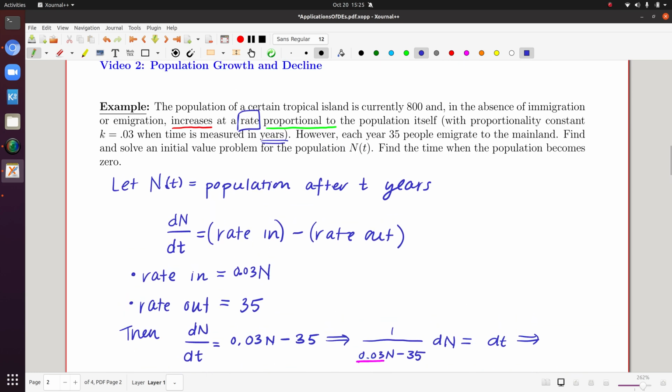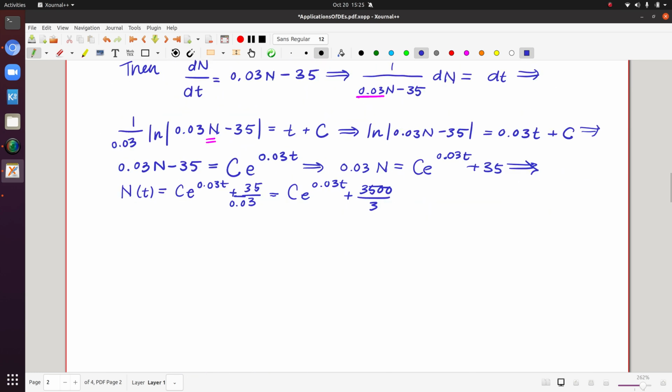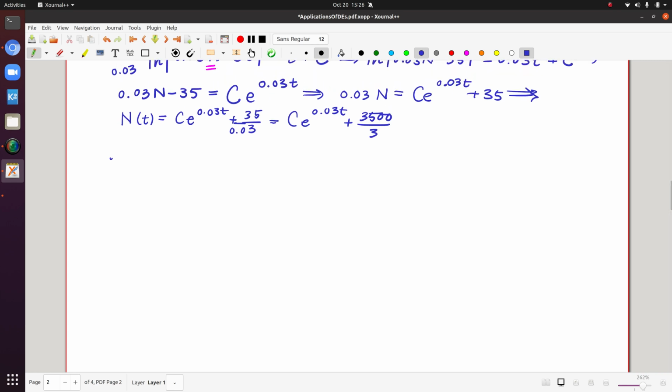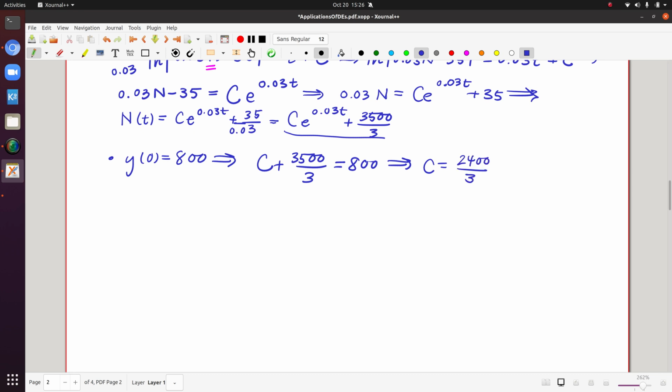We are given that at time 0, there are 800 people on the island. So n of 0 should be 800. If we plug in 0 to our general function above, we get c plus 3,500 divided by 3. We want that to equal 800. So we see that our c value is 800 over 3, so 2,400 over 3, minus 3,500 over 3.